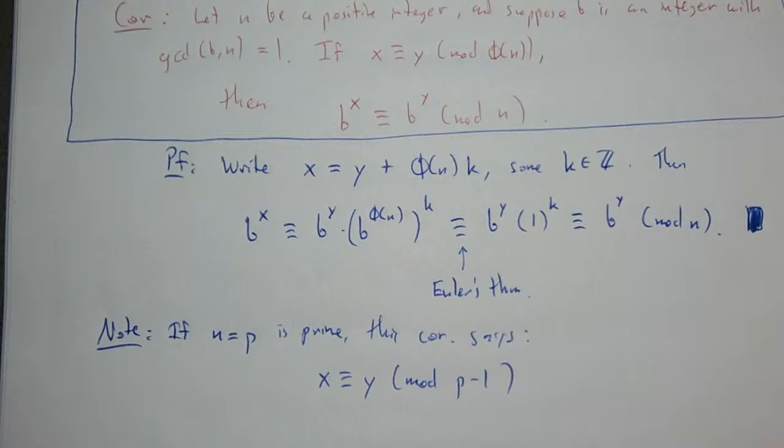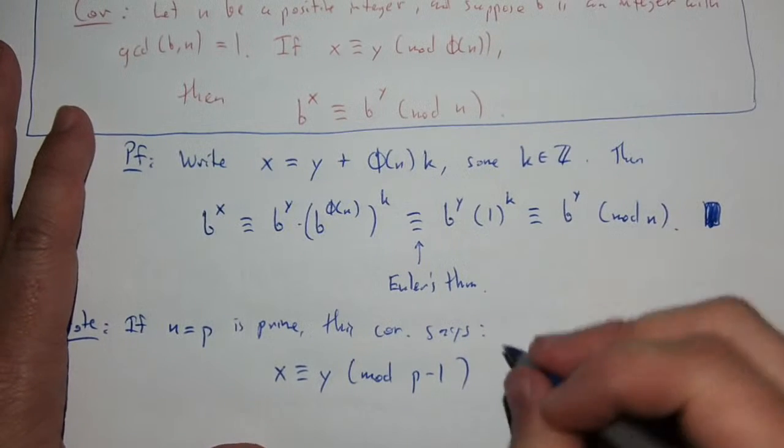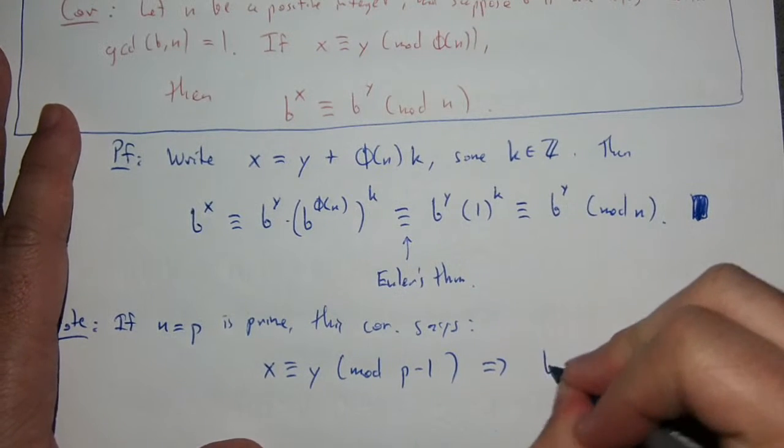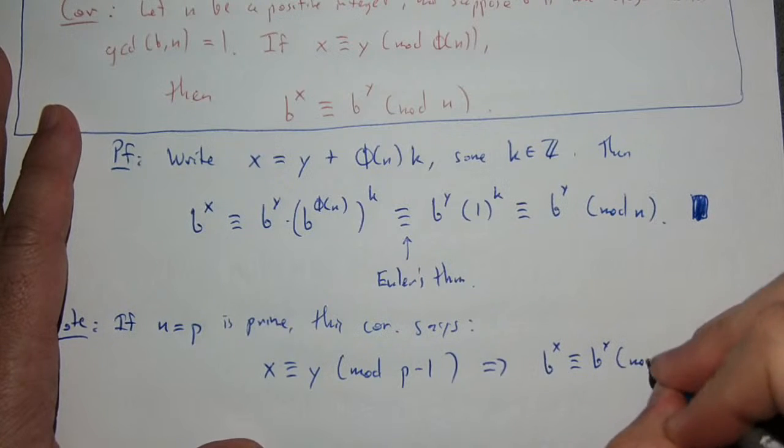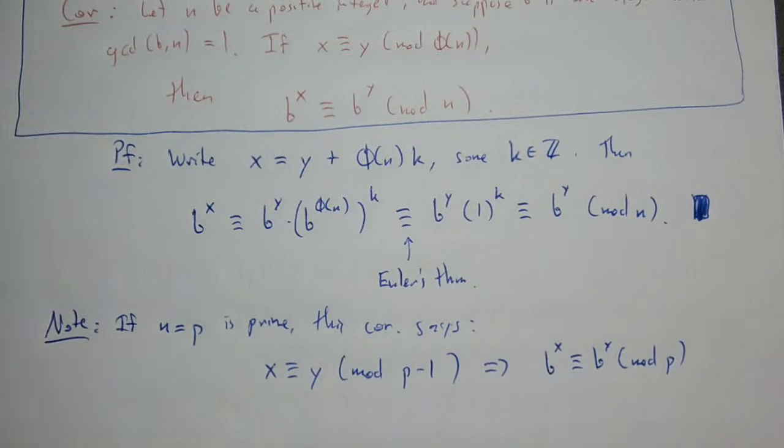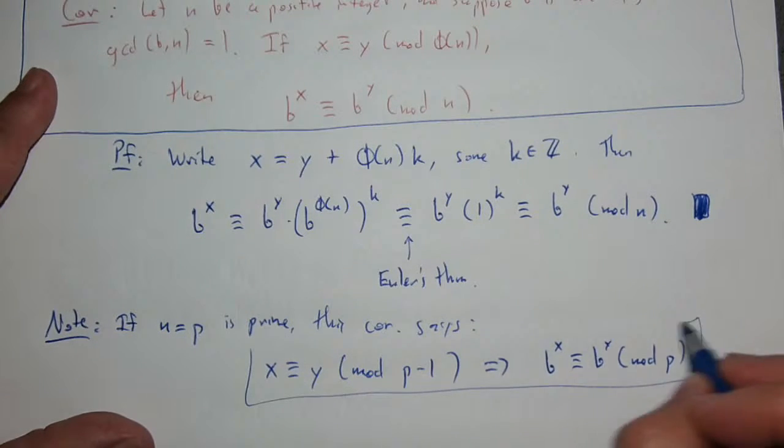So the corollary says x congruent to y mod p minus 1 implies b to the x is congruent to b to the y mod p, which was exactly the corollary of Fermat's little theorem.